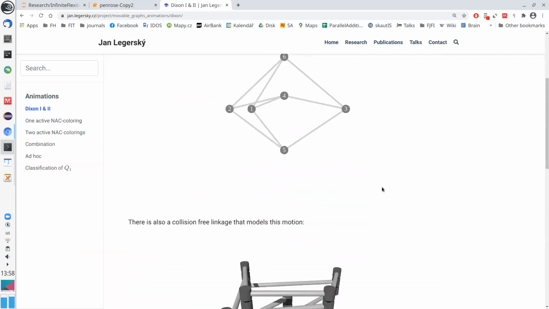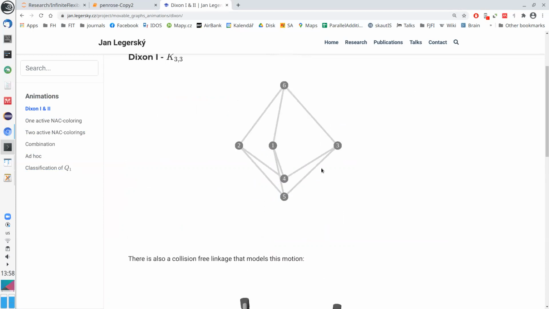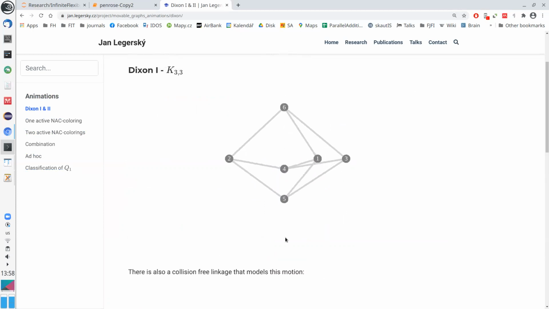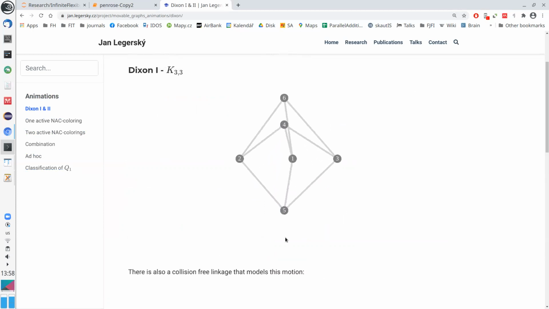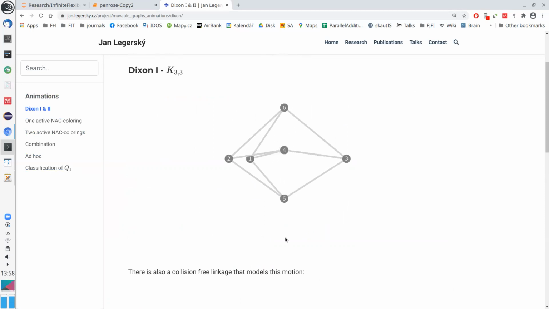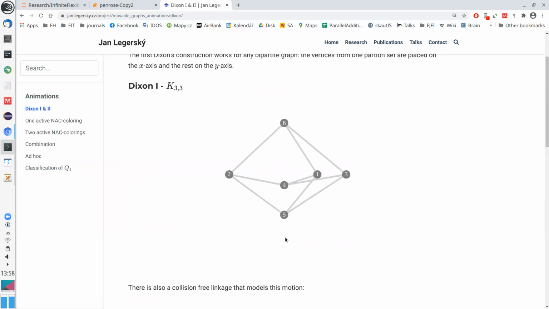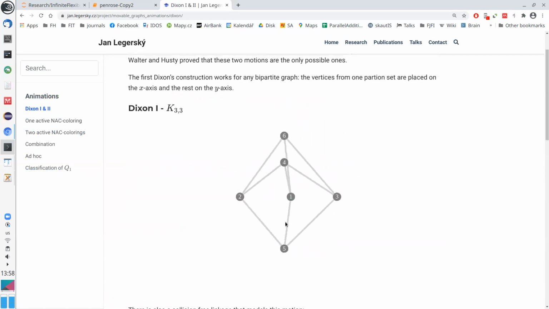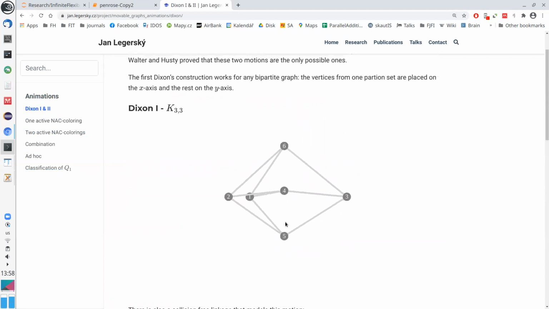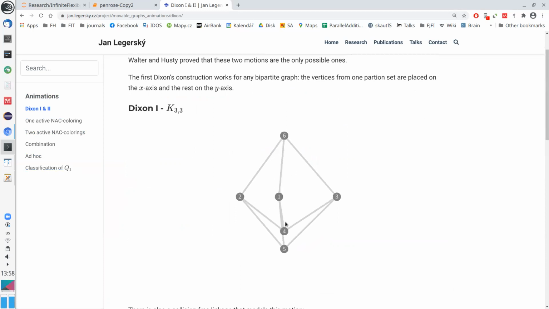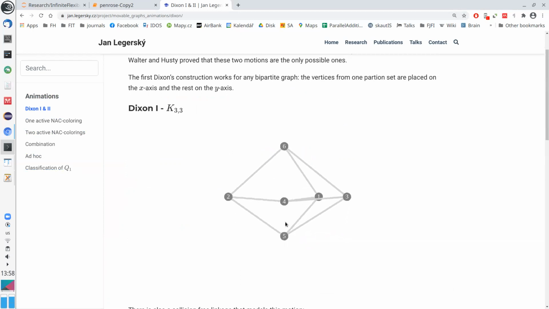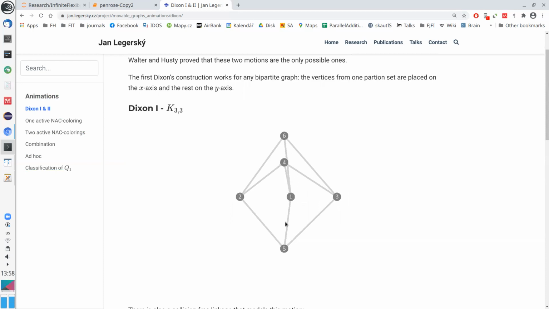Okay, I thought that this could be made planar, but no, it's K3. I'm stupid. Of course not. Yeah, so I don't have an example different from something that consists of parallelograms that would be flexible and planar.